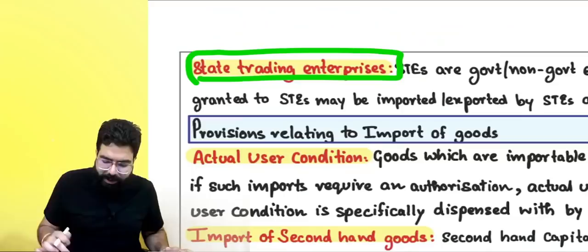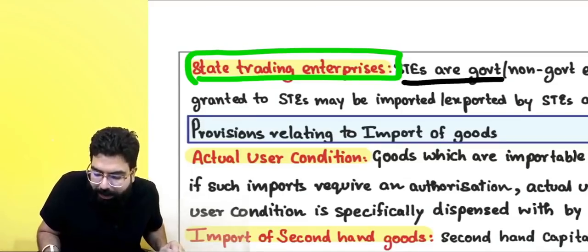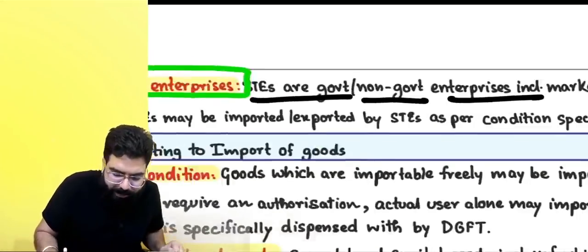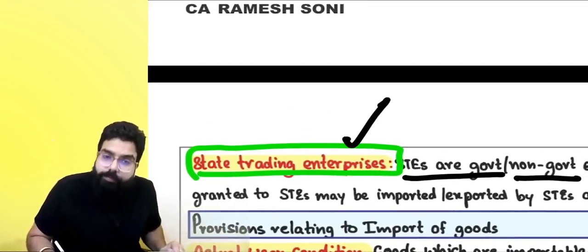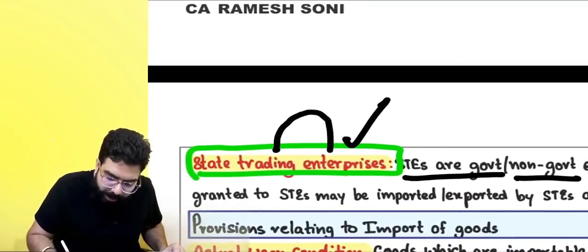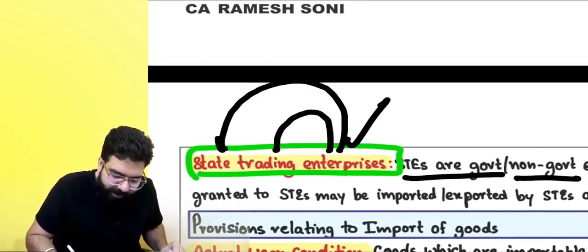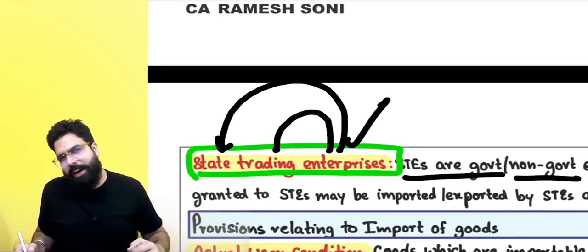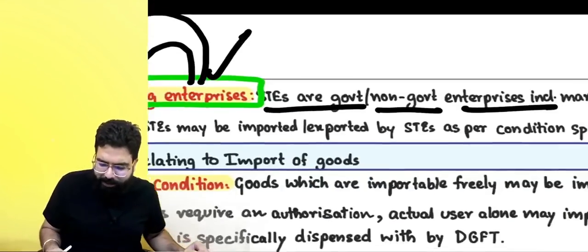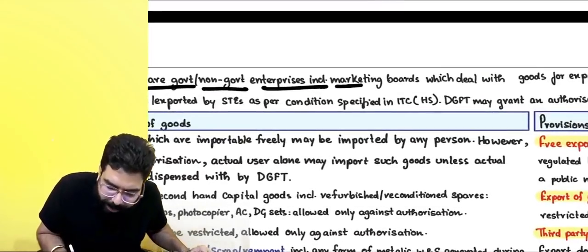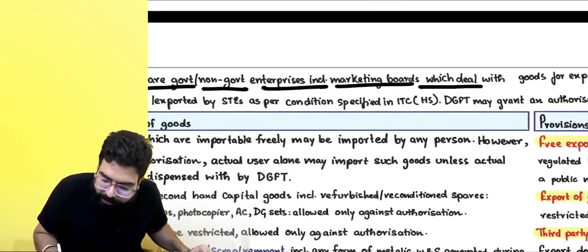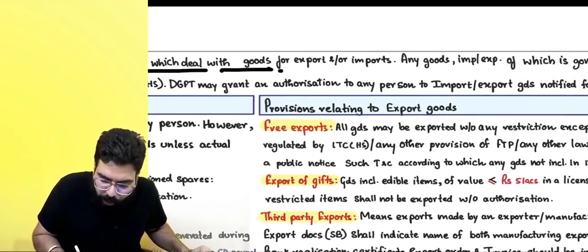Sir, but what is a state trading enterprise? These are governmental or non-governmental enterprises. As the name suggests, trading through an enterprise which belongs to the state. Basically, it is a government-related or non-governmental enterprise, such as a marketing board, which deals with goods for export or import.